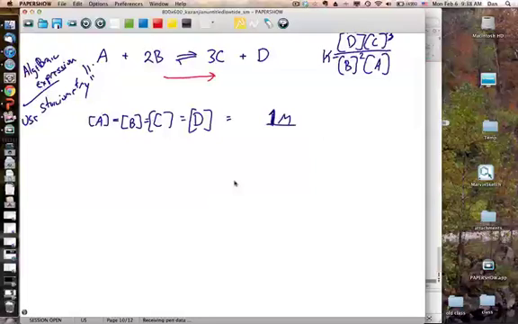Let's generate an algebraic expression that describes what is going on for the concentrations at equilibrium. So what about at equilibrium? How would these look?